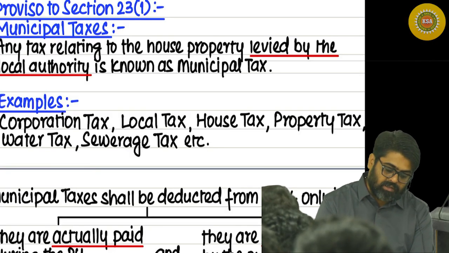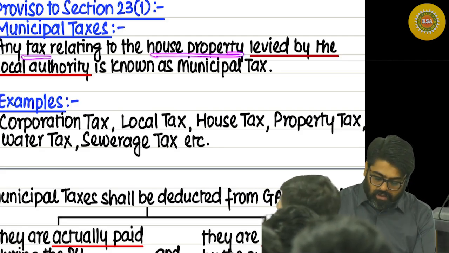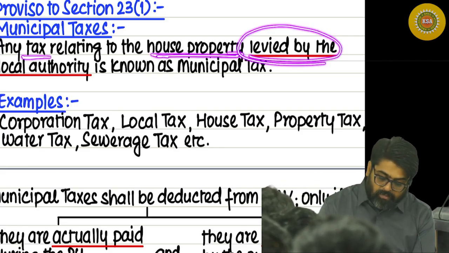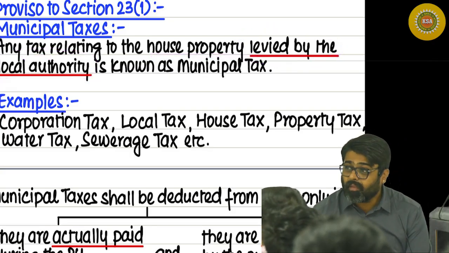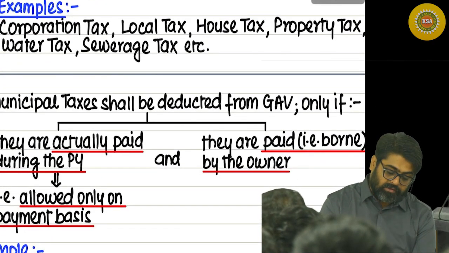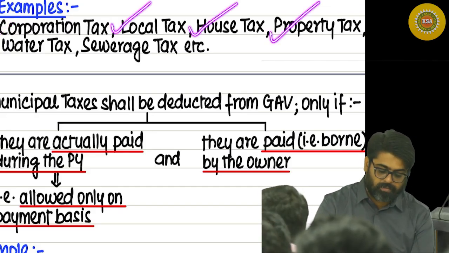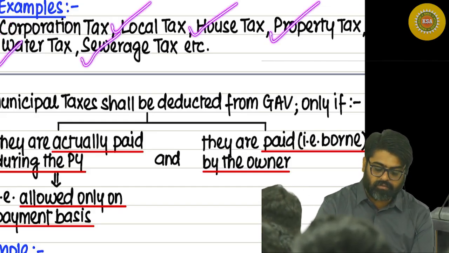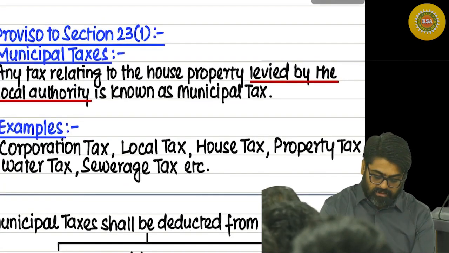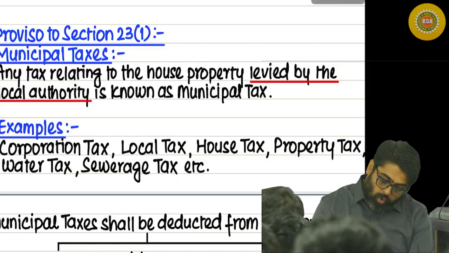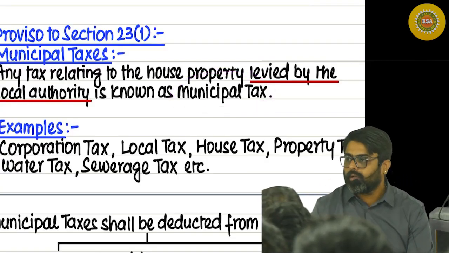So what is municipal tax? Municipal tax is a tax relating to the property levied by the local authority. Examples: corporation tax, local tax, house tax, property tax, water tax, sewerage tax, etc. It can be by any name, but you have to remember it has to be levied by the local authority, only then it will be known as municipal tax, and only then you are going to get the deduction.